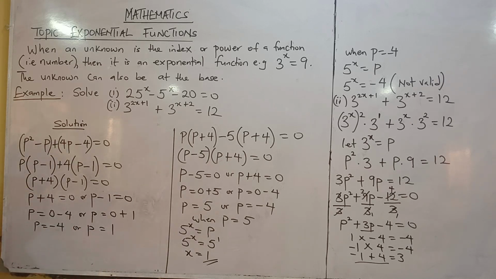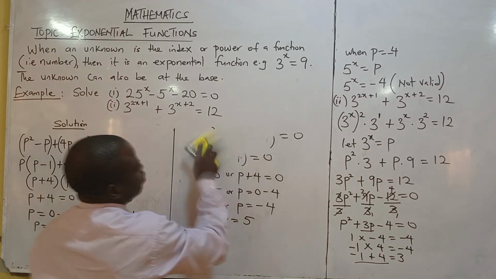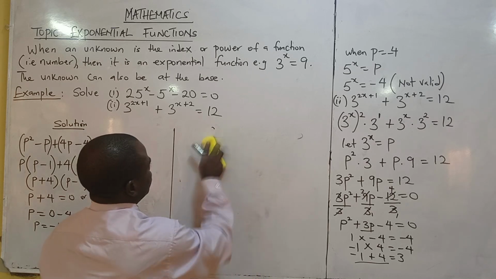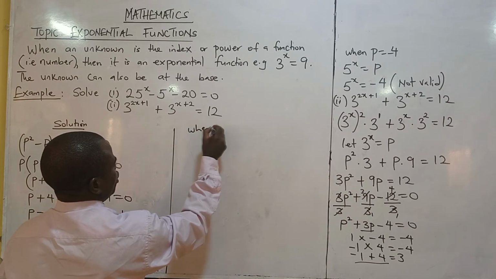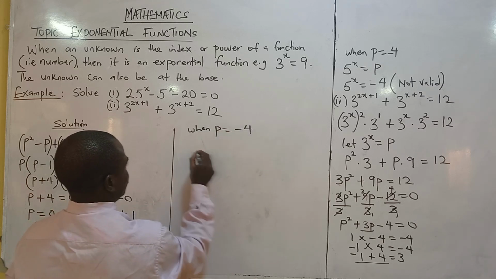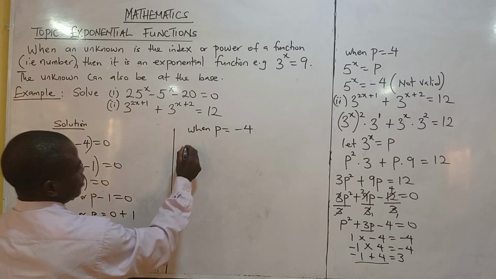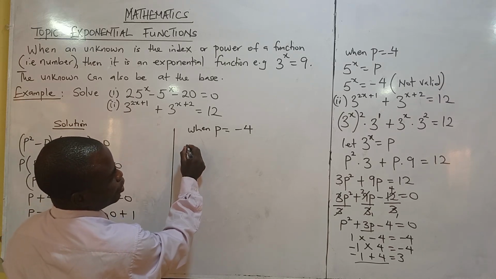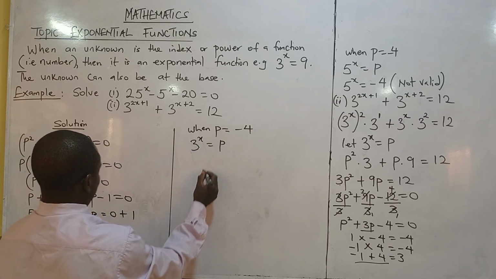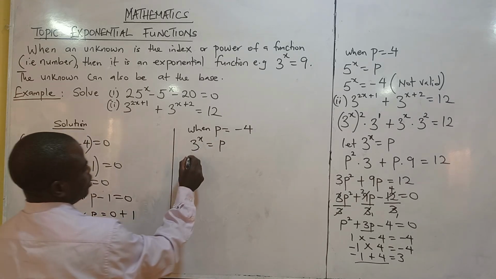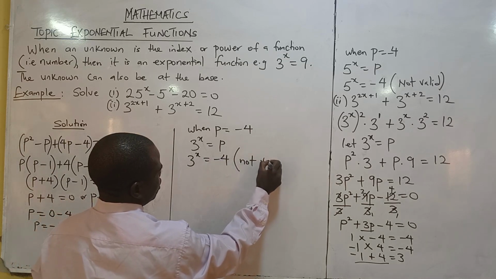Okay, let's see. When p equals -4, we said let 3 raised to power x equal p. And 3 raised to power x equals -4?